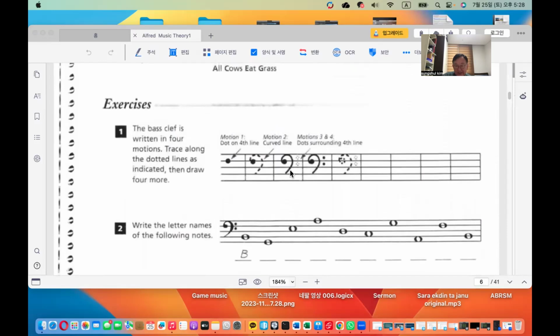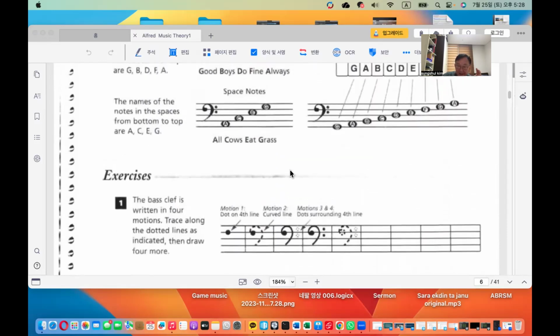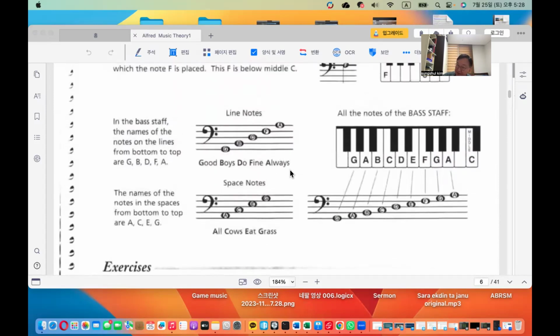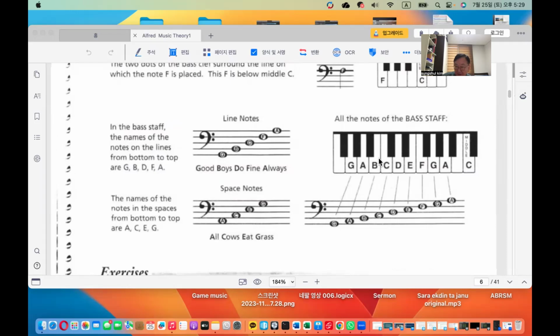You know what? Treble clef, also bass clef, each music note. Why do you need to know? To play the piano keyboard very well.